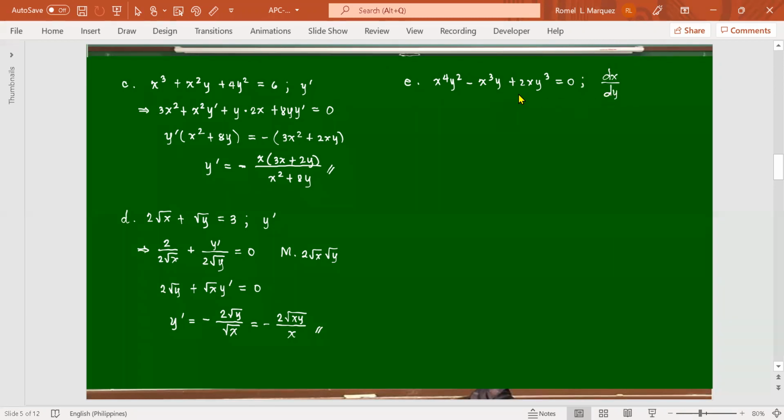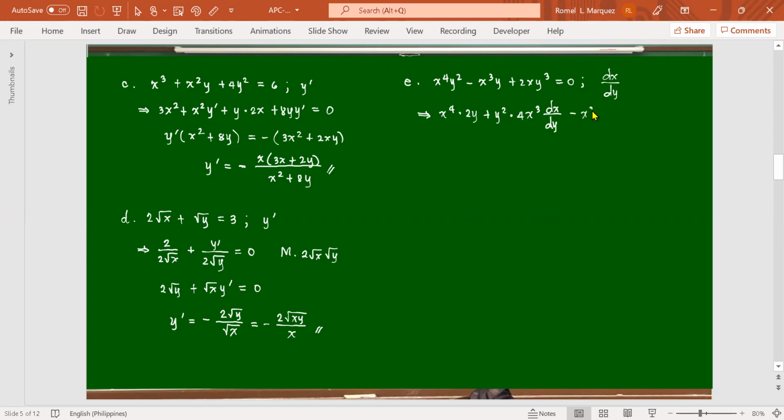I'm going to treat my x as dependent and my y as independent. So be careful here. This is a product: the first times the derivative of the second, because that is independent, that y, so simply 2y, plus the second, y squared, times the derivative of the first. Remember, x is dependent. Drop the exponent, copy the base, subtract 1. Subtract 1 from 4, no? So 3. You have to write, multiply it by the derivative of x with respect to y.